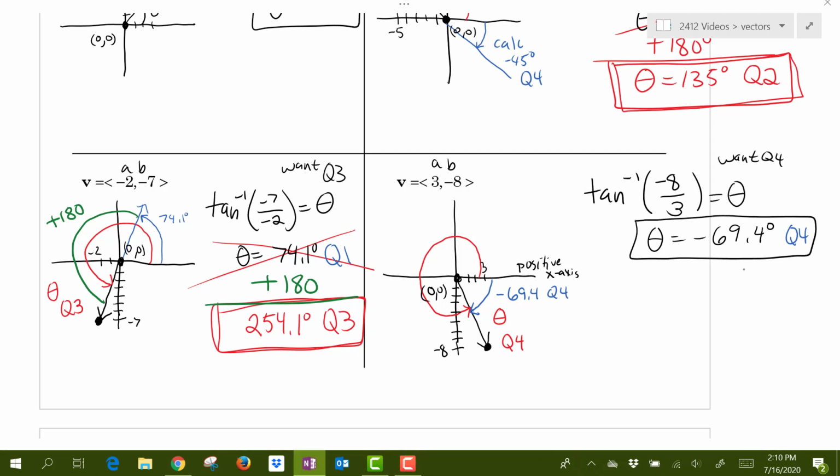Now there may be times when you will be asked to give an answer that fits within a specific interval. So let's say, for example, that you were asked to find all of your solutions between 0 and 360. If that were the case, then this would not include any negative angles.